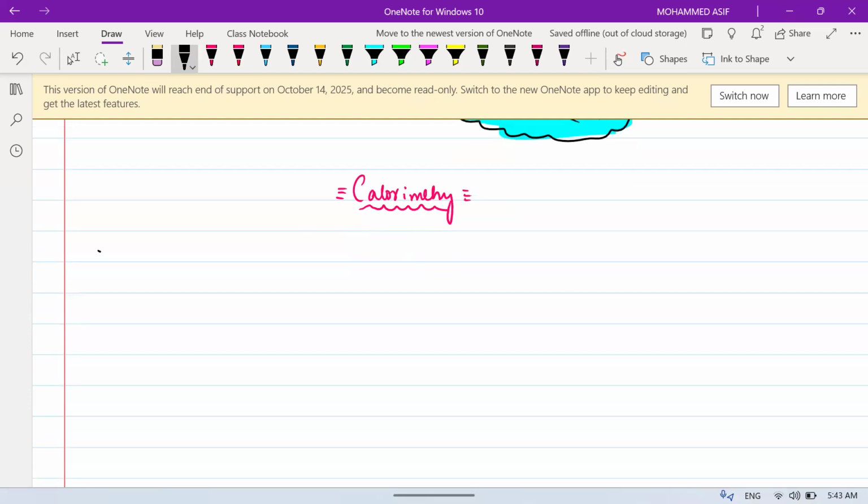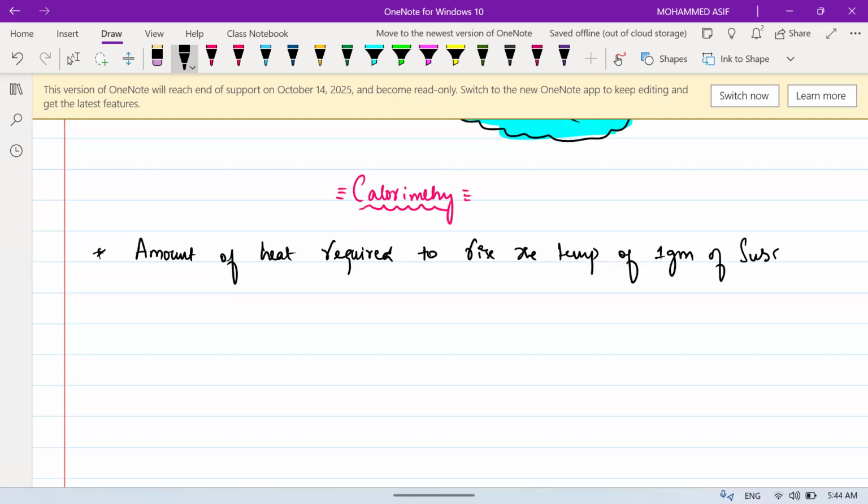First point, look here. Amount of heat required to raise the temperature of 1 gram of substance by 1 degree Celsius.